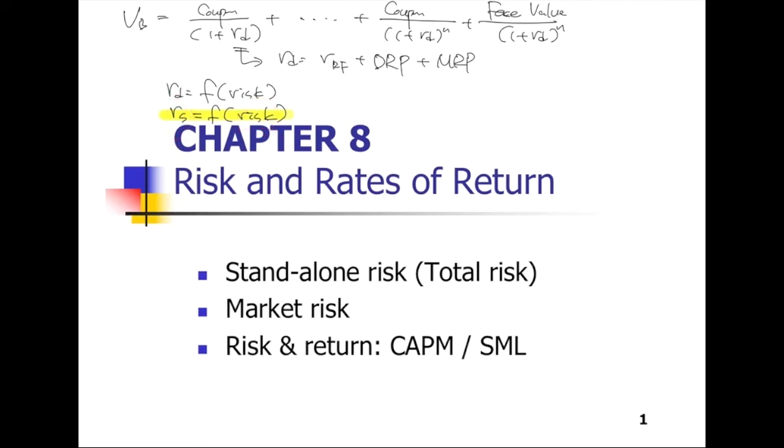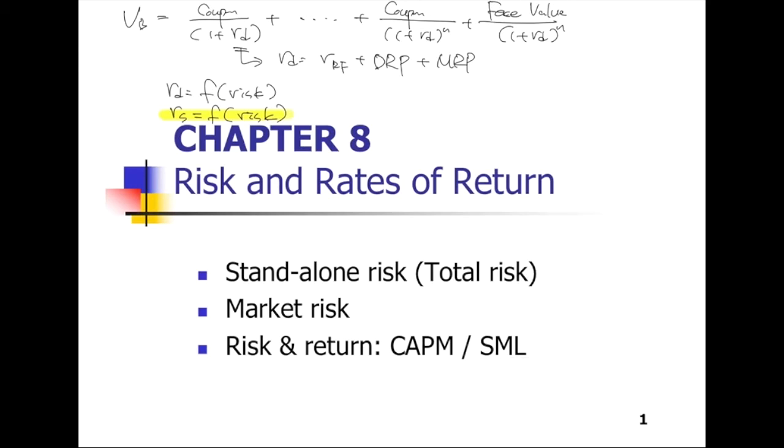There are two risks: standalone risk, which we also call total risk, and the second one is market risk. We will learn more detail in this chapter. And there are some theories about risk and rate of return. We call them CAPM, the Capital Asset Pricing Model, and SML, the Security Market Line.